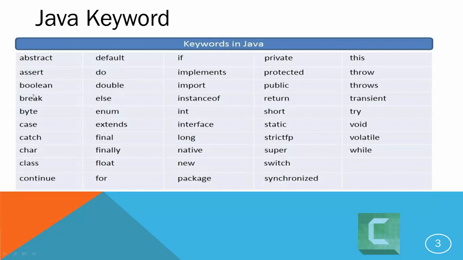So far we have used class, then we have used int, we have used public, we have used return in some examples.